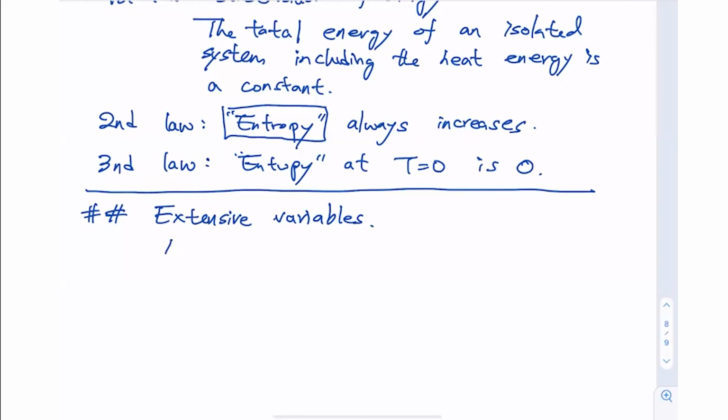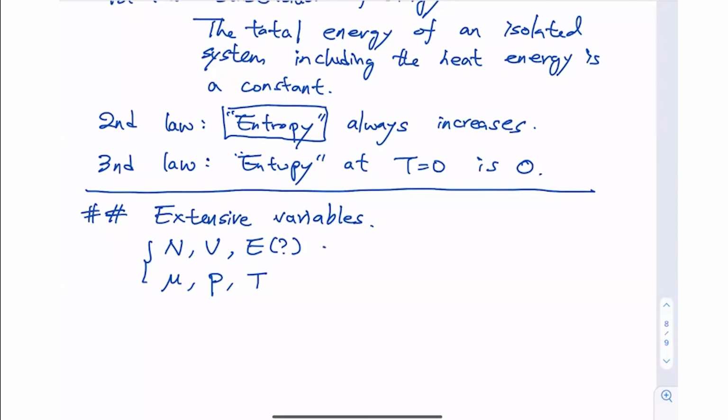For example, the particle number and the volume of your system, and, I don't know, the energy, let me put a question mark here, of our system, and the chemical potential and the pressure and the temperature of our system, they all belong to the thermodynamic variables.